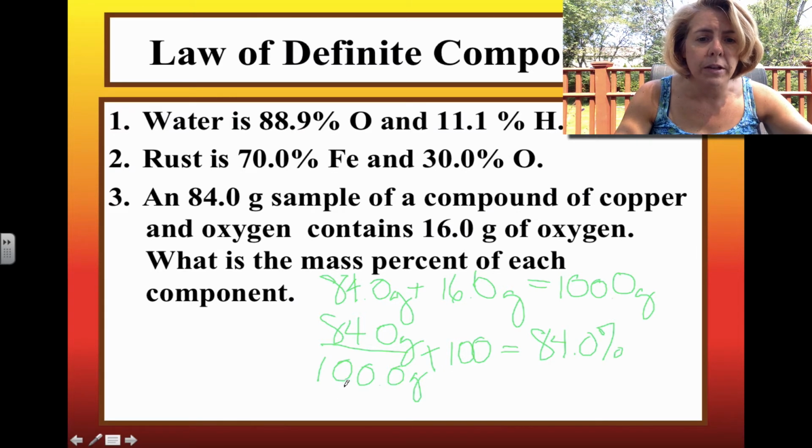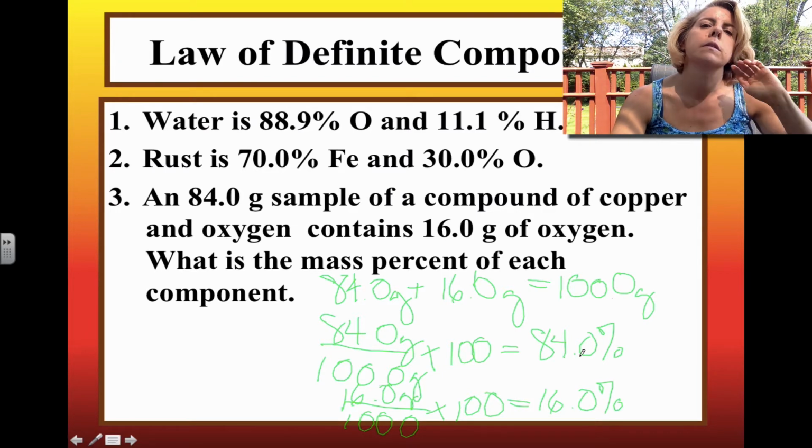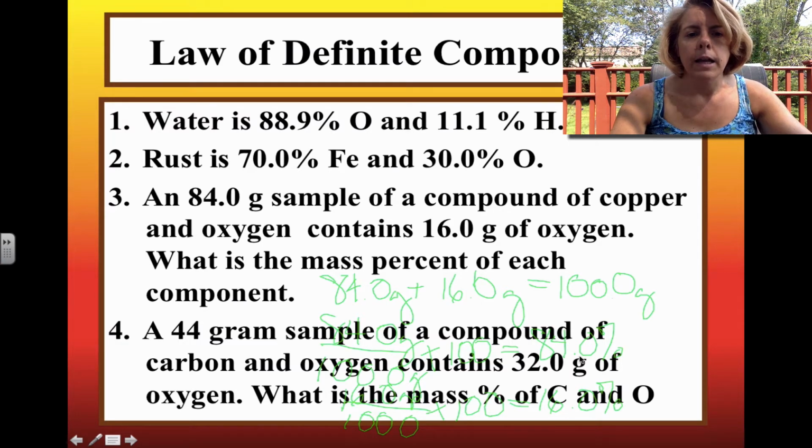And then the second percentage will be 16, because when you take 16 divided by 100 times 100, that gives you 16%. Another shortcut would be just to take 100 minus 84, and that'll give you the same value. Okay, and I'll let you do number 4. So go ahead and do number 4 on your own and see what happens.